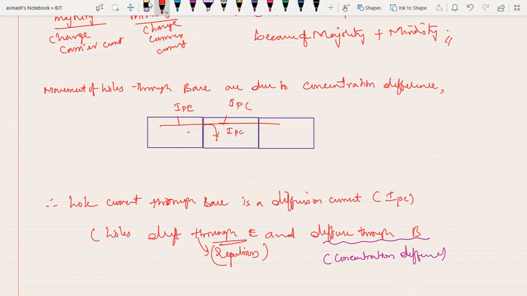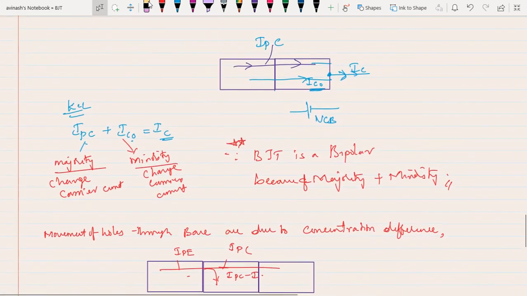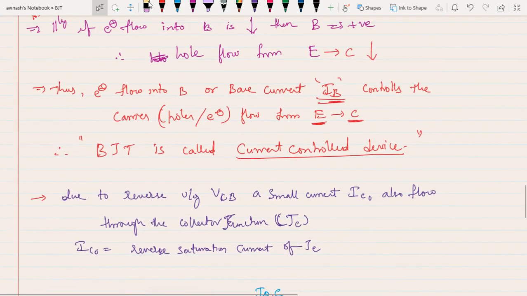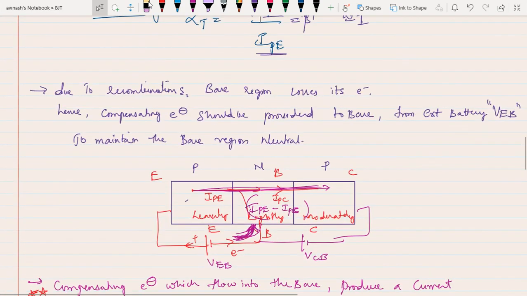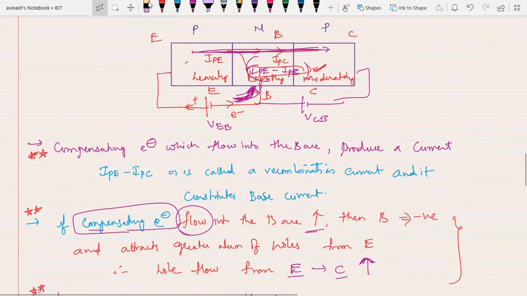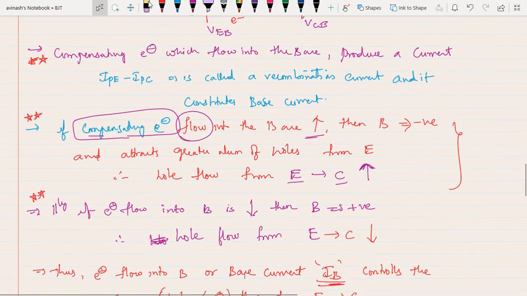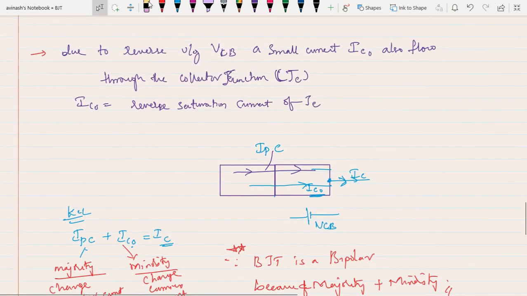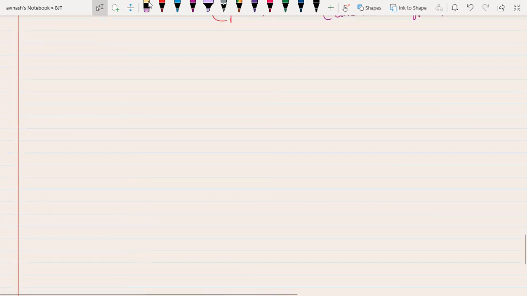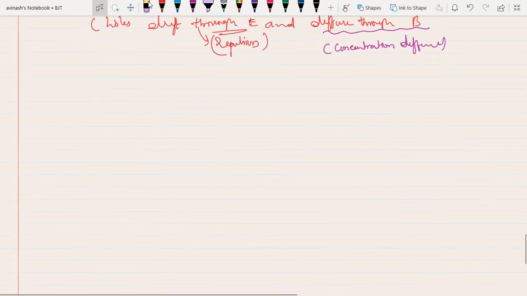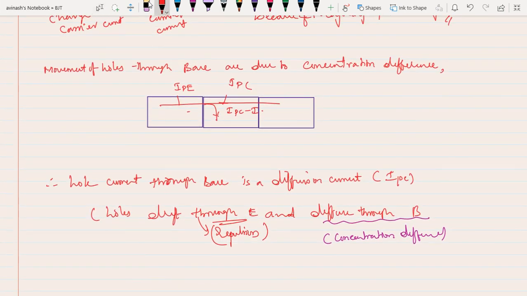This current is nothing but IPE minus IPC. You can see this point. IPE minus IPC.